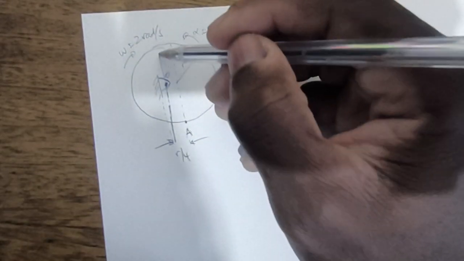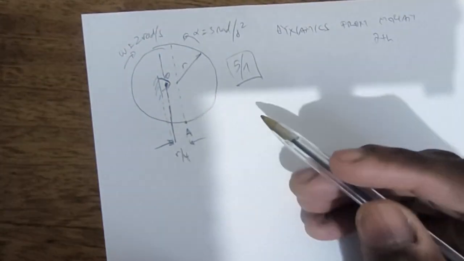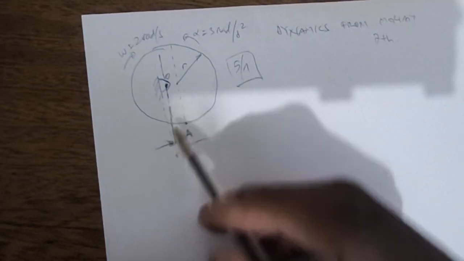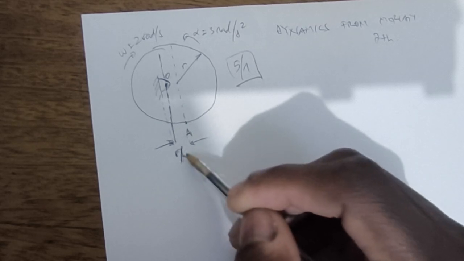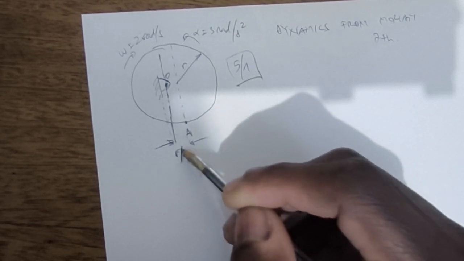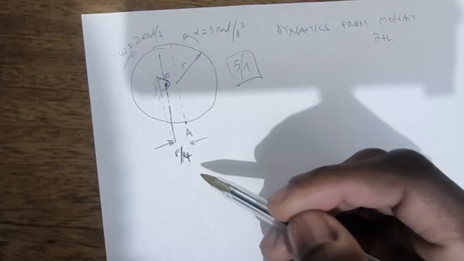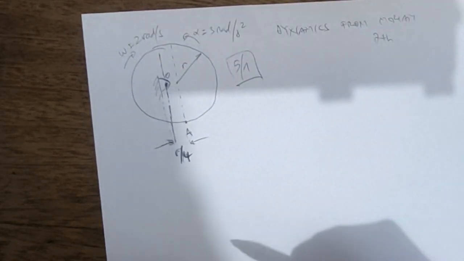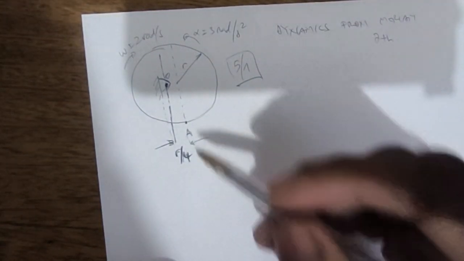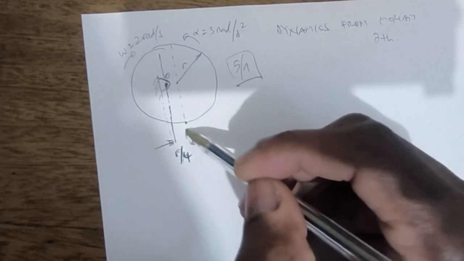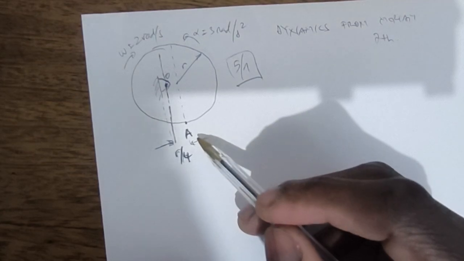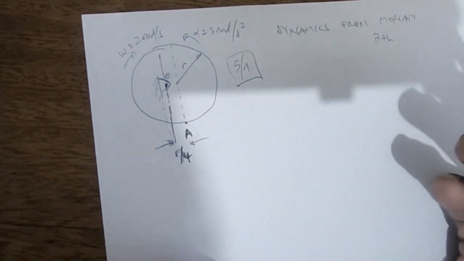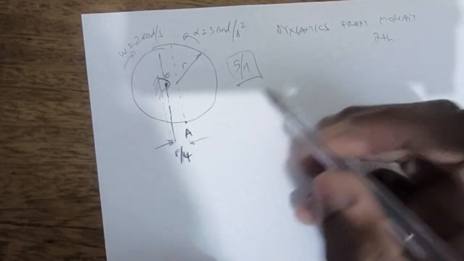The point O, which is a fixed point, is offset by a distance of R quarter from the medium line. So here we can start working to find the velocity and the acceleration at point A.